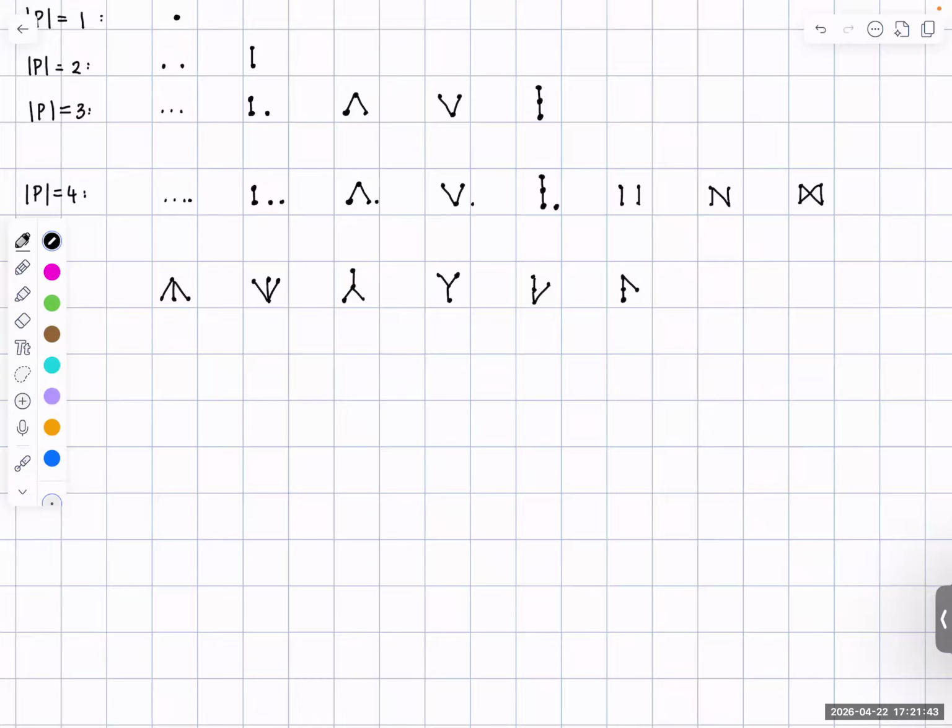And then let's see, 2 more. I can have this guy, and then I can have this guy.